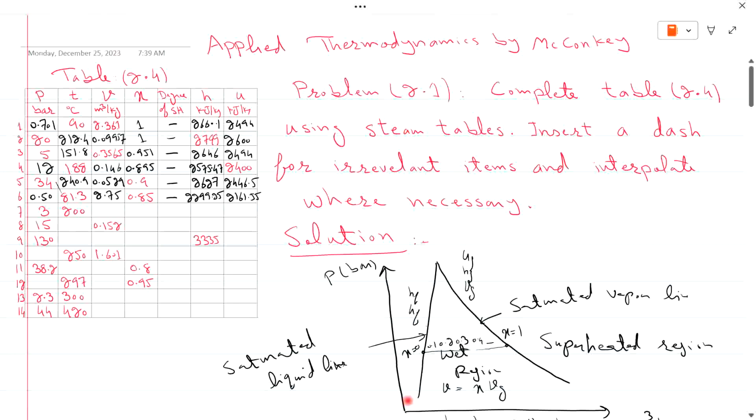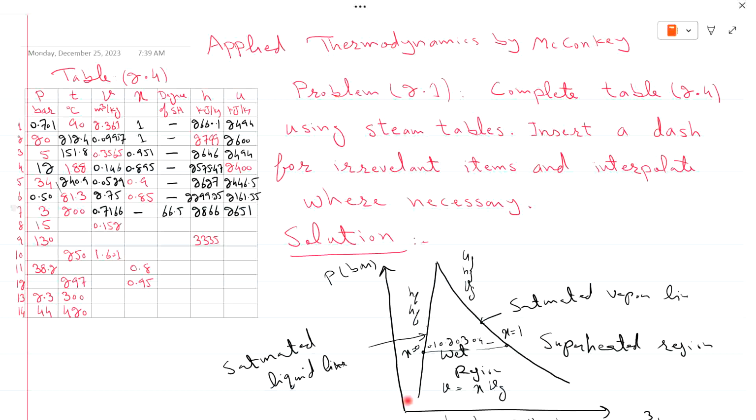So put these values in row number 7. In row number 7, specific volume is 0.7166. Dryness fraction is not defined in superheated region. Degree of superheat is 66.5 degrees centigrade. Specific enthalpy is 2866. Specific internal energy is 2651.